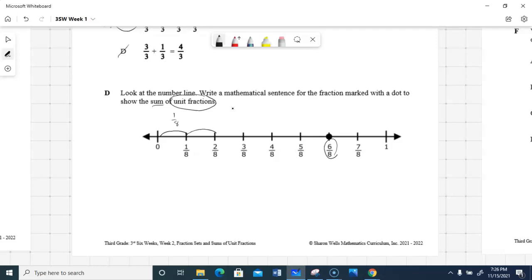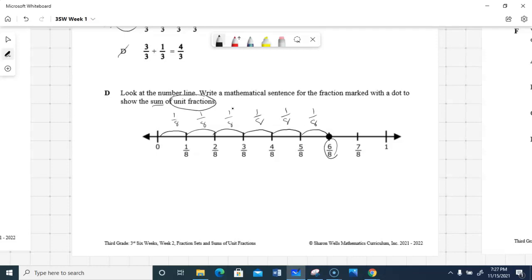The next jump would represent 1/8. The next jump would represent 1/8. Another jump is 1/8. That jump is 1/8. And the last jump is another 1/8. And altogether that is 6/8.